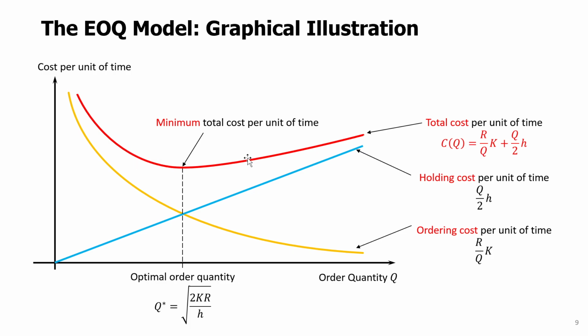I don't know which one will give me a lower cost, but I shouldn't go to any other values. I could go to 15,000, but that will give an even higher cost than 10,000. So it doesn't make sense to choose any values except the two closest to the optimal quantity.